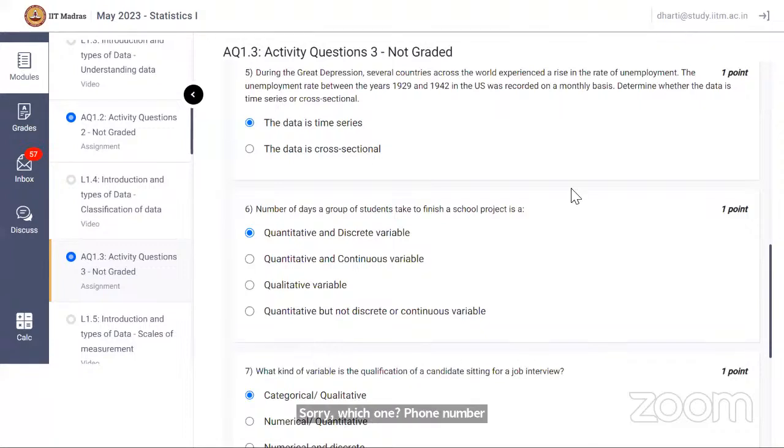Yeah, phone number is qualitative. According to the definition of structured data, it can be structured data. But when it comes to some rules, like structured data is quantitative, based on that rule, phone number is not structured data. Some rules are not applicable, but according to the definition, it's structured data.